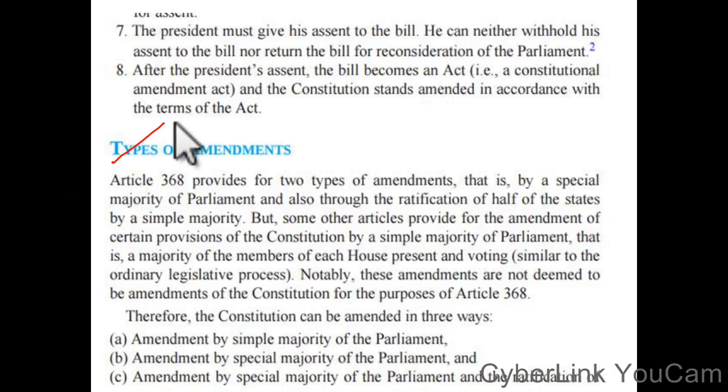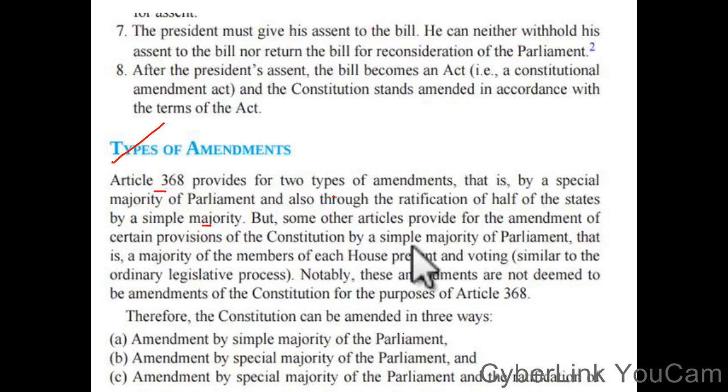Types of amendment. Article 368 provides for two types of amendment, that is, by a special majority of Parliament and also through ratification by half of the states by simple majority.